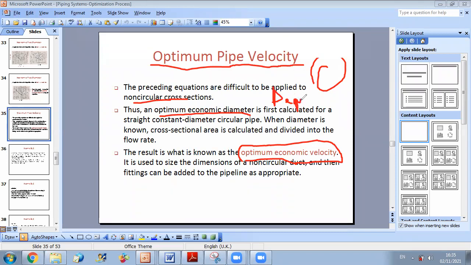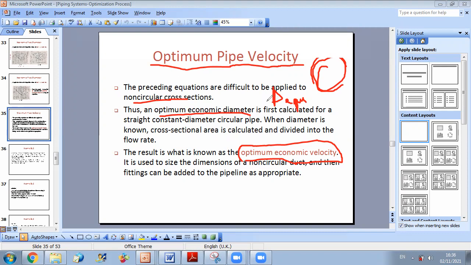For this equivalent diameter, you can use the previous chart to calculate the optimum. You assume that you have a circular section. Despite that I don't have it circular, I have it of a certain shape, as a first step I consider it of circular shape.